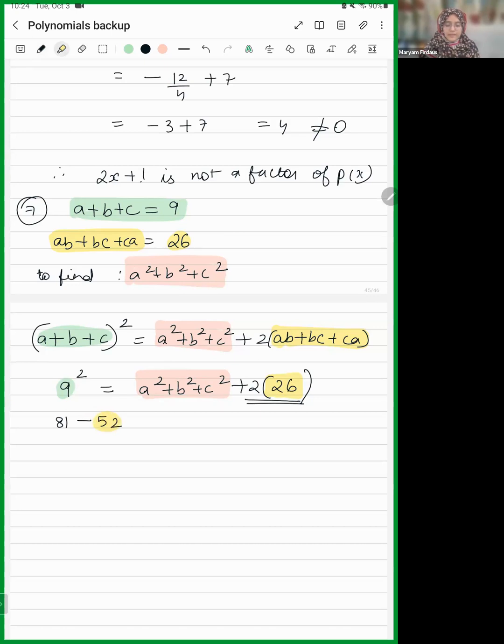And that is going to give us a square plus b square plus c square, which we have to find. What is 81 minus 52? 29. So a square plus b square plus c square is equal to 29.